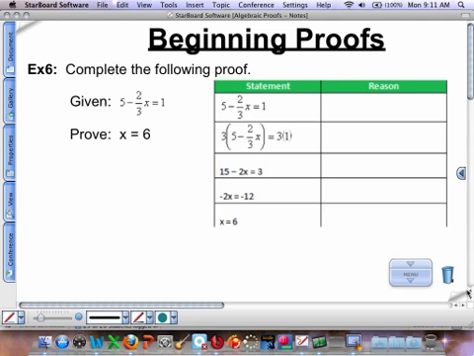Let's try another one. Christina, first line of any proof? Given.